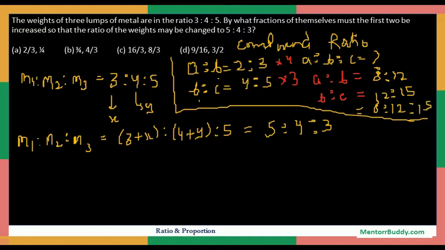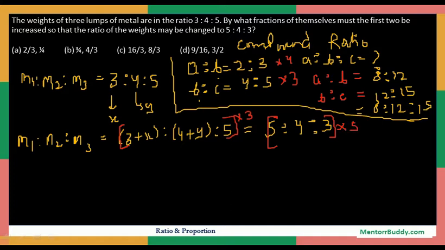Now we have to make these similar. In order to do that, I'll multiply by 3 here and by 5 in this ratio.